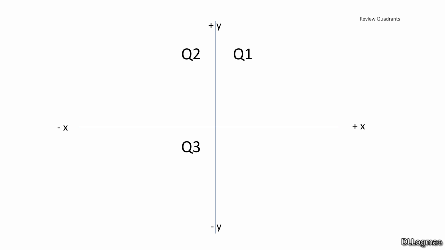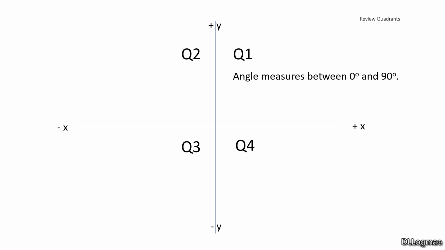First, let's have a review about the angles and values of x and y components in its quadrant. This axis showing the positive x, negative x, positive y, and negative y divides the space into 4 quadrants. This is the first quadrant, the second quadrant, the third quadrant, and the fourth quadrant.